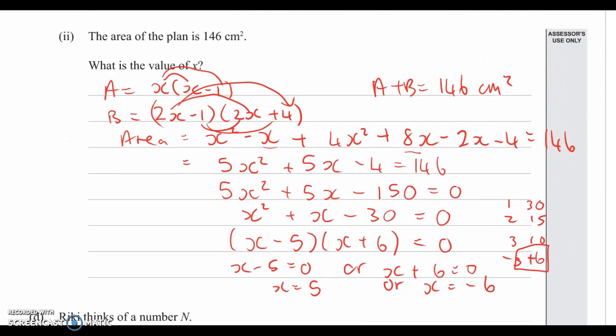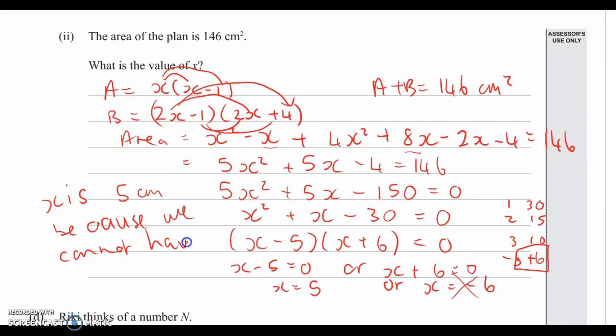We don't have a negative length, so it cannot be negative. So what is the value of x? x is 5 centimeters because we cannot have a negative length. So ignore -6.